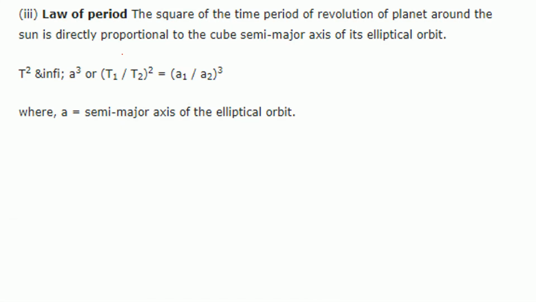Law of period. This says that T squared is directly proportional to a cubed, or you can say r cubed. The square of the time period of revolution of a planet around the Sun is directly proportional to the cube of the semi-major axis of its elliptical orbit.